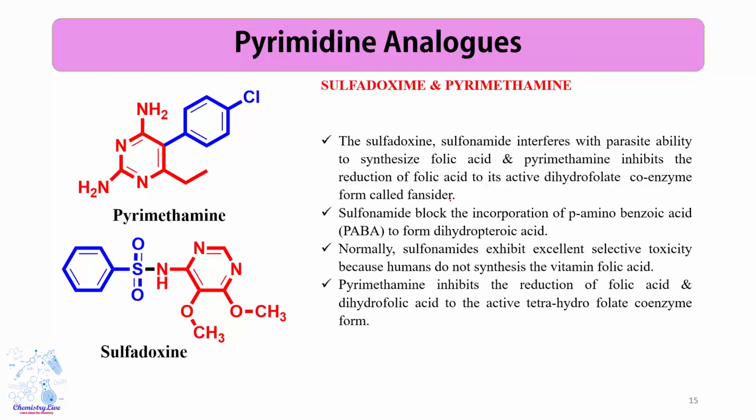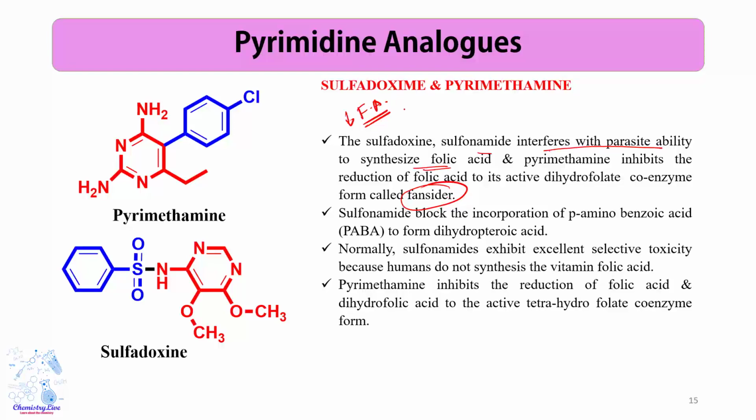See, the sulfadoxine or sulfonamide interferes with the parasite's ability to synthesize folic acid. What they did, they decrease the parasite's ability to synthesize folic acid. Then pyrimethamine inhibits the reduction of folic acid to its active tetrahydrofolate coenzyme form.